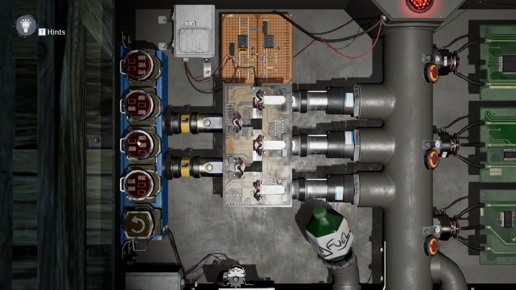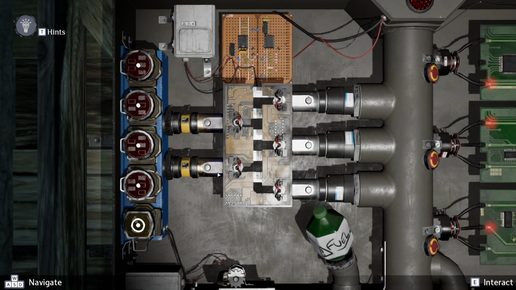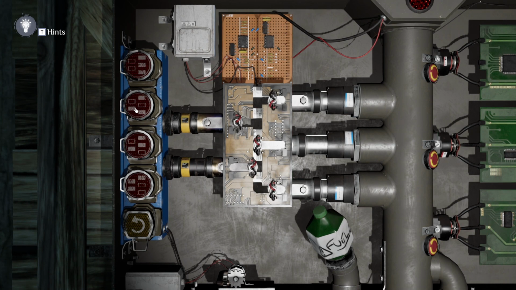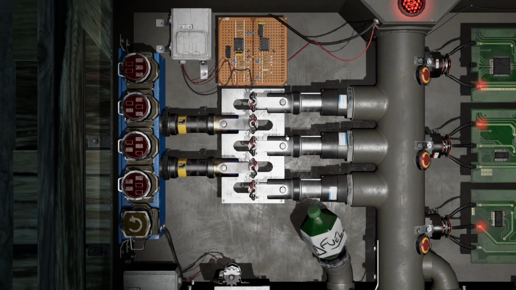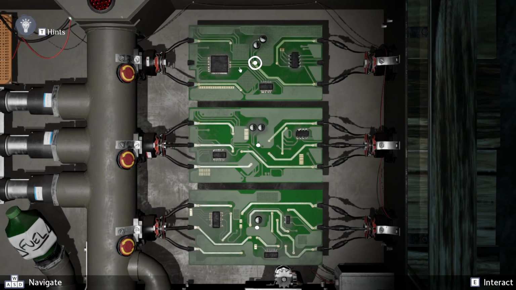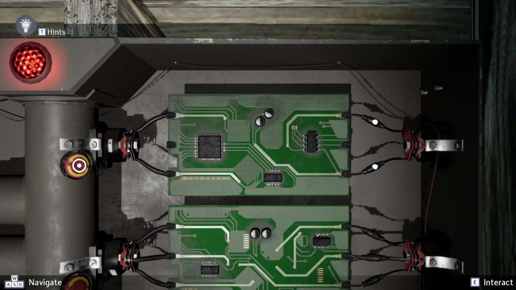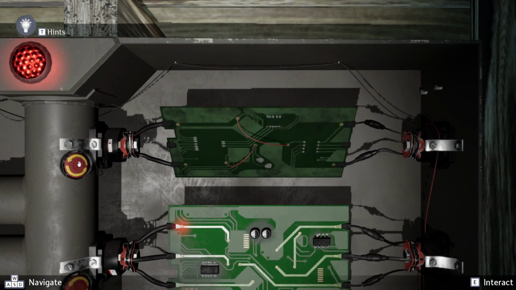Oh, we need to just move them. Is this everything we needed to do? Or do we need to push them inside, maybe? Yes. Okay. Oh, it's going faster now. That's not good. Oh, I need to cut.